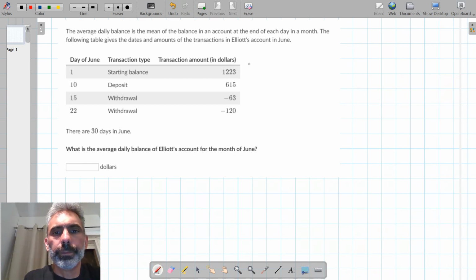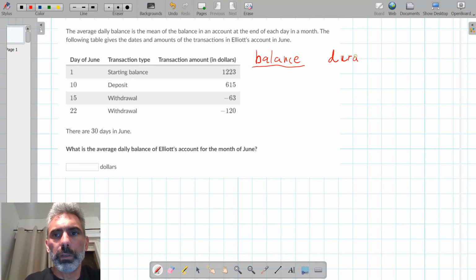So let me add a column for the balance and a column for the duration.